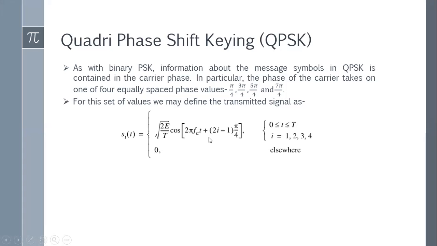If you remember the binary phase shifting, I had represented the first signal as square root of 2E by T cos 2 pi f c t, and the second signal as square root of 2E by T cos of 2 pi f c t plus pi. Since here I have four phases to represent, the generalized equation becomes this.